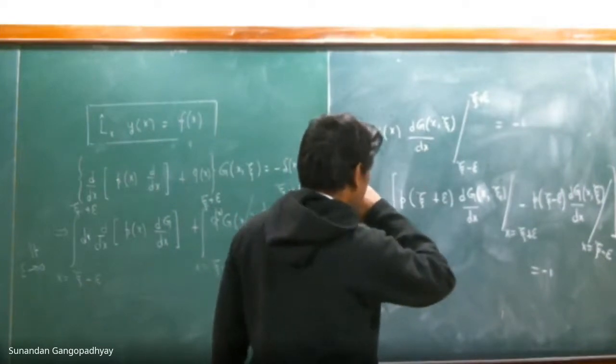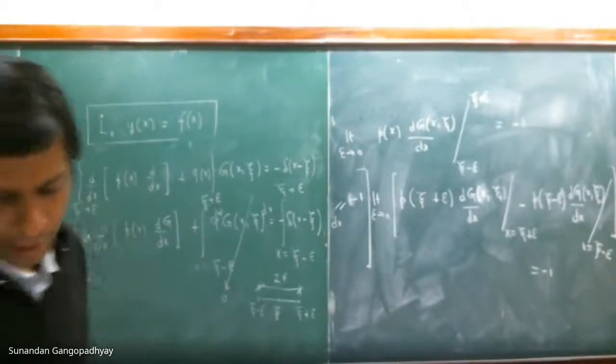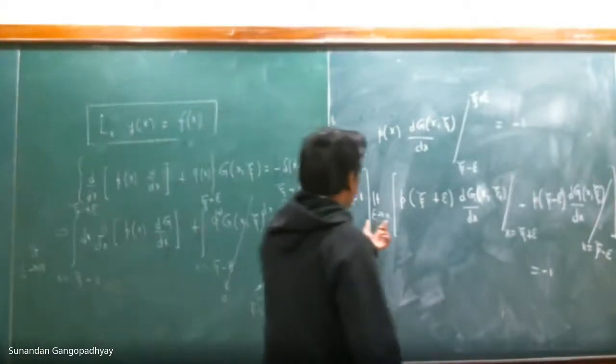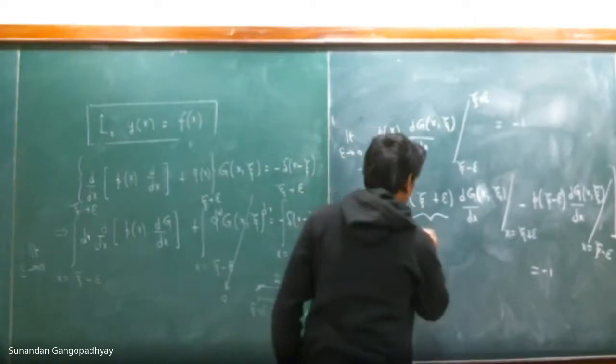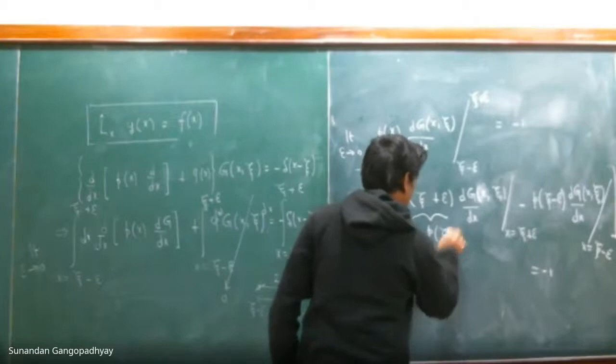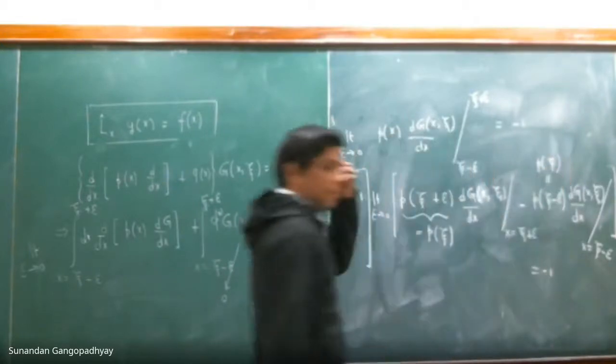So this will be p of xi. If you take the epsilon going to 0 limit, since this is a continuous function, this will be p of xi, and similarly this will also be equal to p of xi. Therefore, p of xi is common.